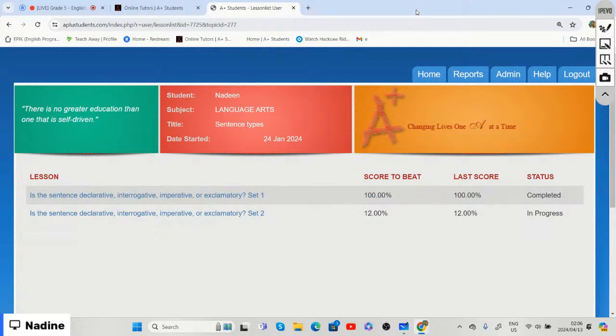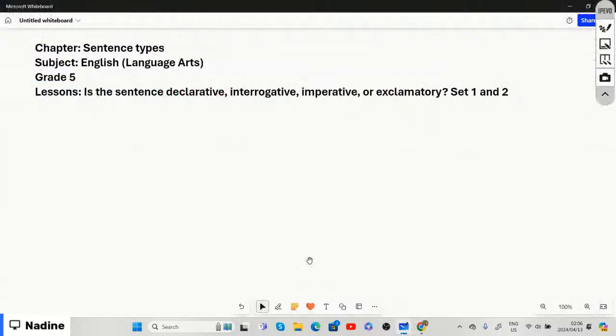All right. So our chapter is sentence types. Our subject is English language arts. Grade 5.